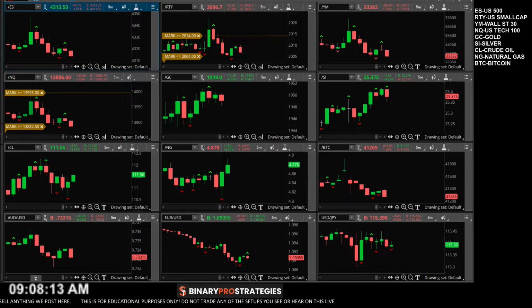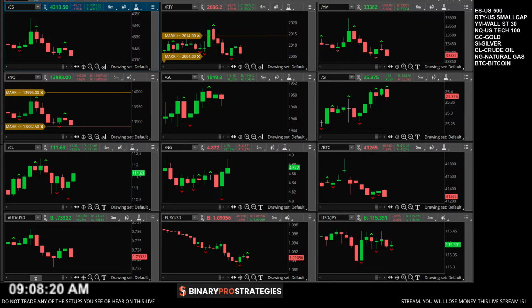NQ working its way down to the target. RTY working its way down to the target. We're also getting a buy on the gold right now, and also a buy on the silver.